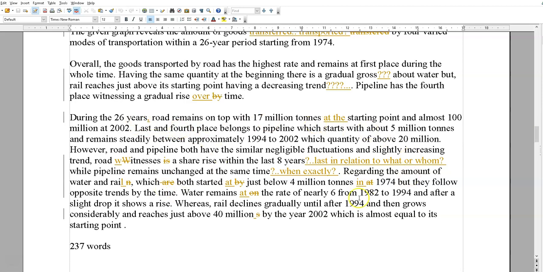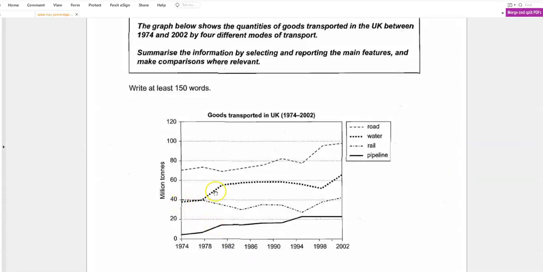Okay, I'm not going to read it all out. And you've got this, some confusion, similar negligible fluctuation, slightly increasing trend. You've got all the figures and data. I mean, you have to interpret it.